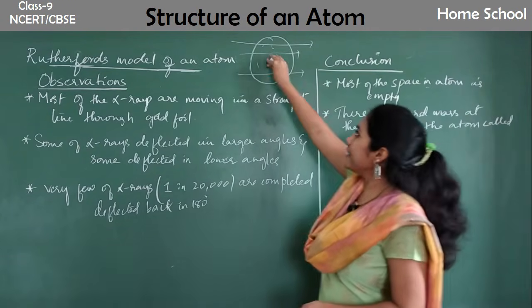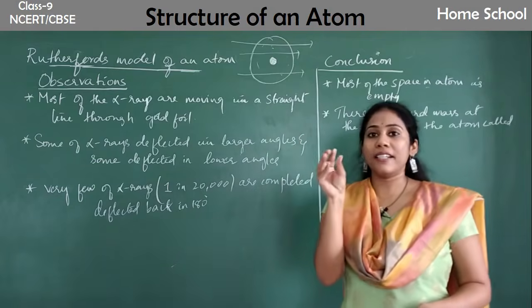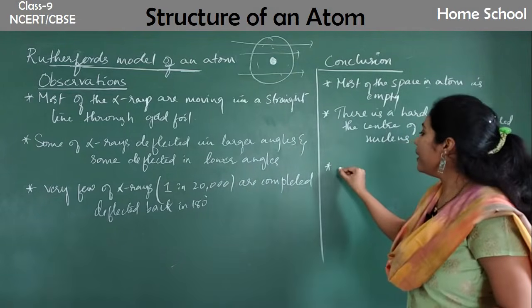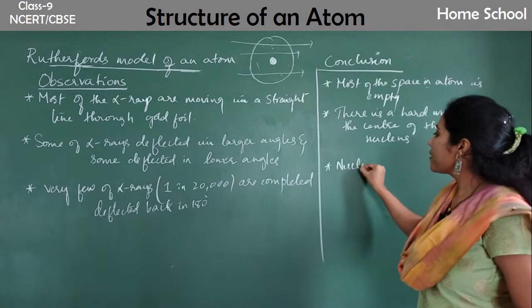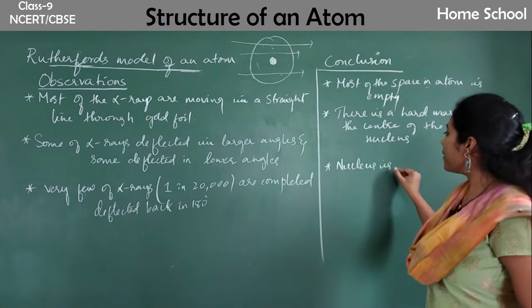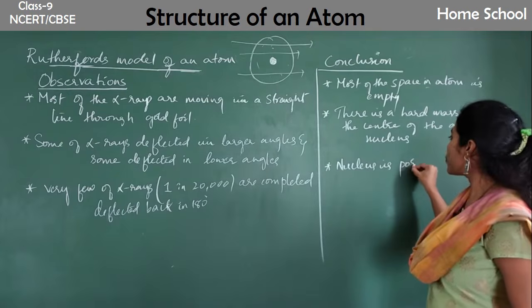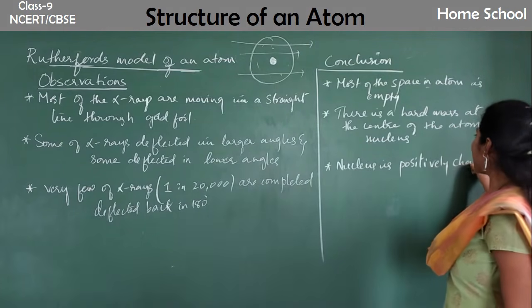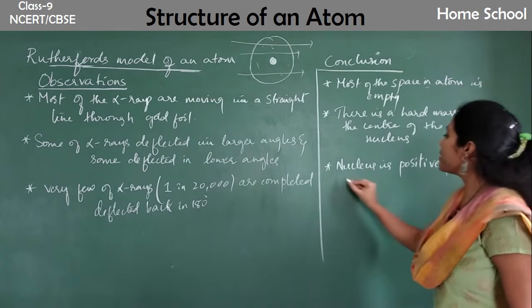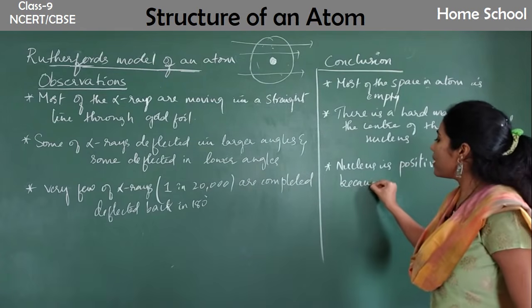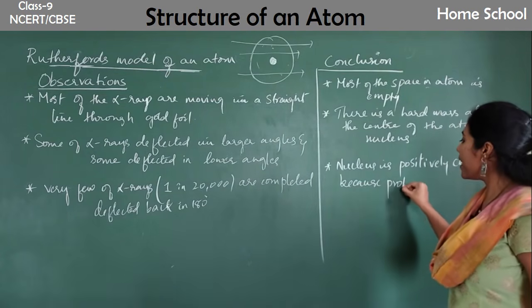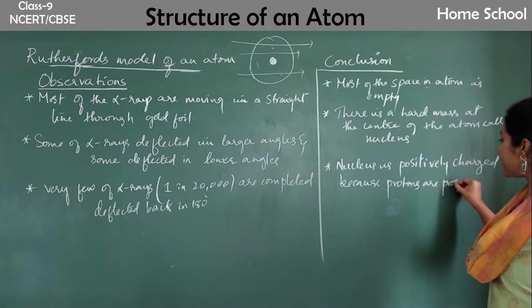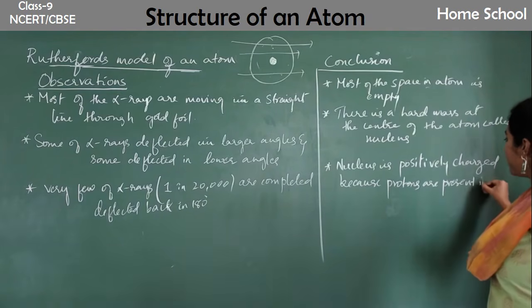Okay, so at the center of the atom there is some hard substance which we call the nucleus. And the nucleus is positively charged because protons are present in it.